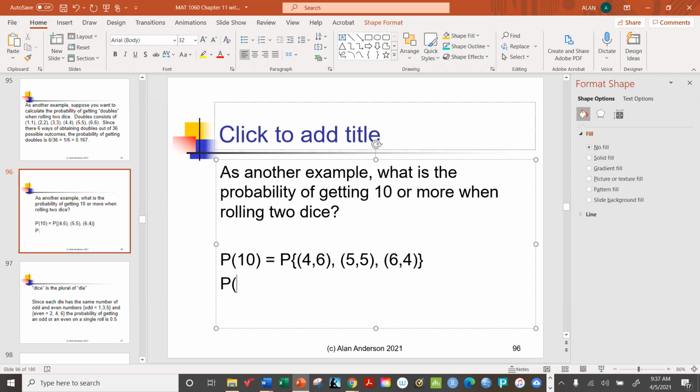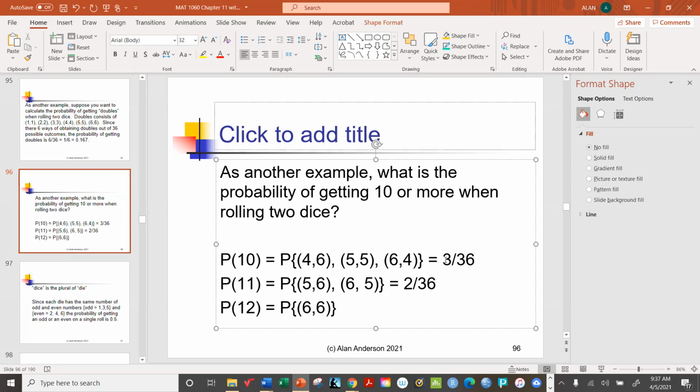The probability of getting an 11 equals the probability of getting a 5 and a 6, or a 6 and a 5. And the probability of getting a 12 is, for that, you need 2 6s. That's the only way that can happen. This first one has a probability of 3 out of 36. This one would have a probability of 2 out of 36, and this one would be 1 out of 36.